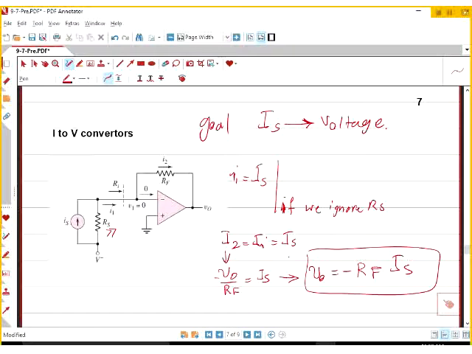So it matters if your op-amp is not ideal and the value of input resistance is comparable. If it's way larger, which is the case, you can ignore it. Right?